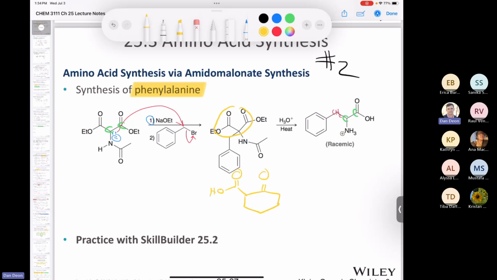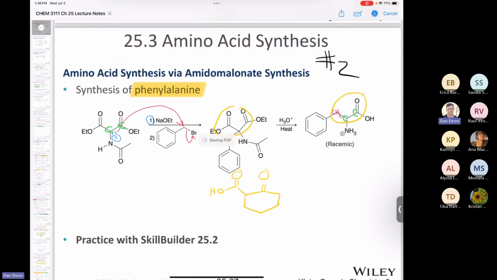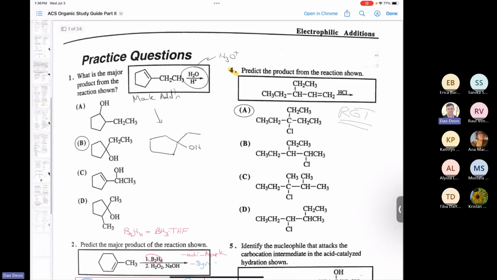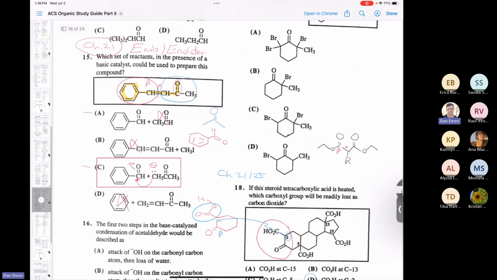And then after you heat it, you end up losing the carboxyl group. So you see that right here. We end up losing all of that piece. So that's the rationale for that one. That's found mostly in chapter 21, but then it's referred to in chapter 25 as well.